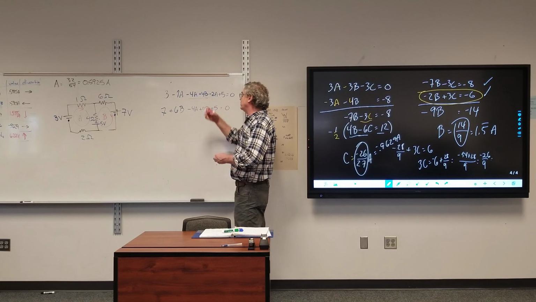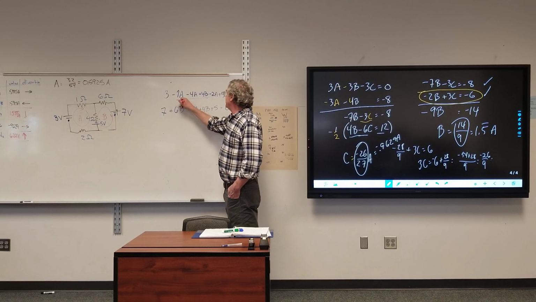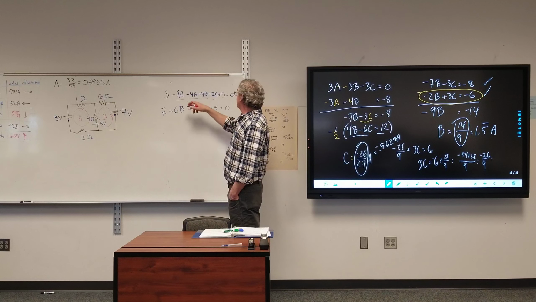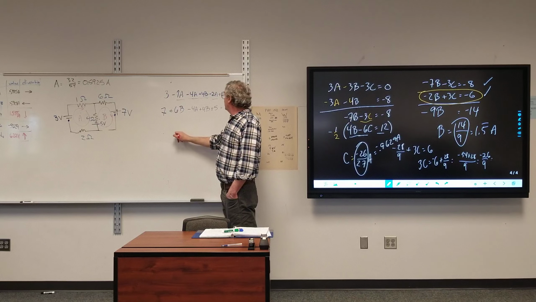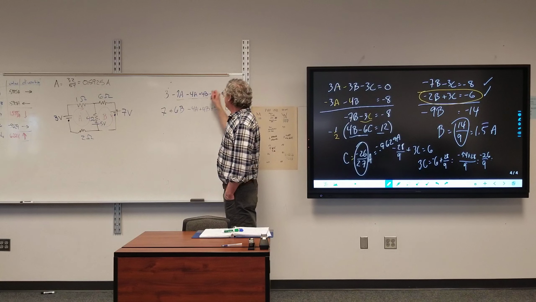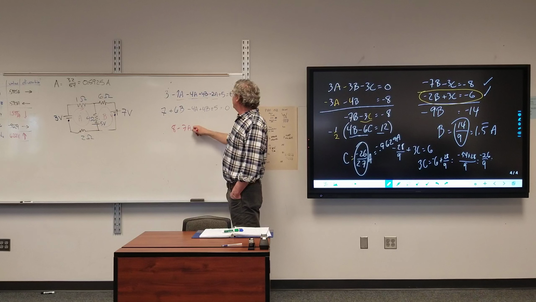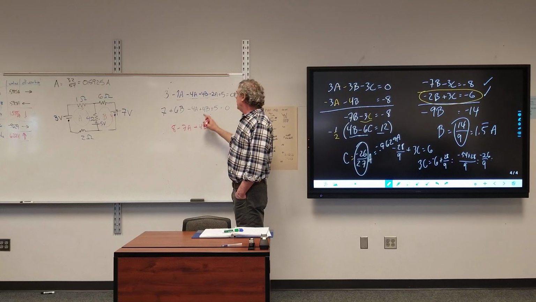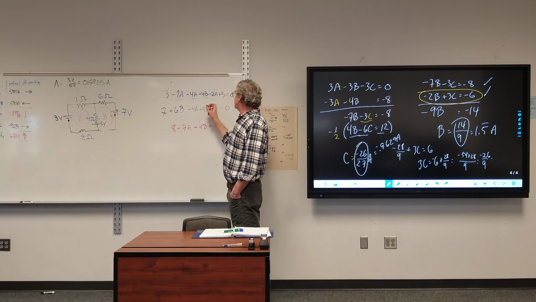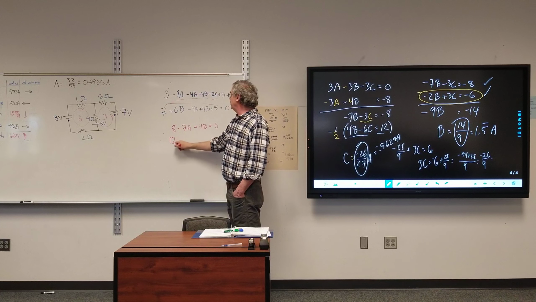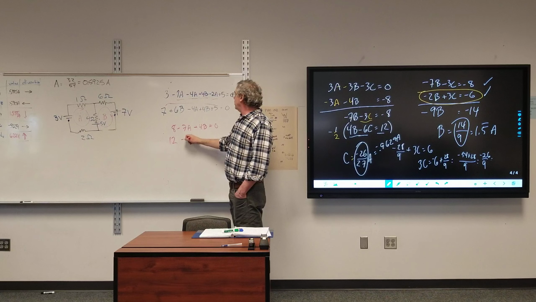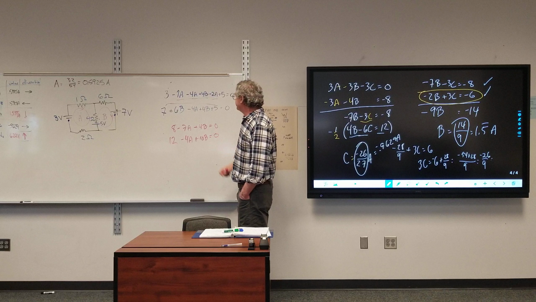All right, so first let's simplify it. Let's see, I've got an A term, an A term, and an A term, so I got negative 7A. I've got 3 and 5, so I have 8 minus 7A plus 4B equals 0. And here I've got the 5 and the 7, so I got 12 minus 4A plus 10B equals 0.